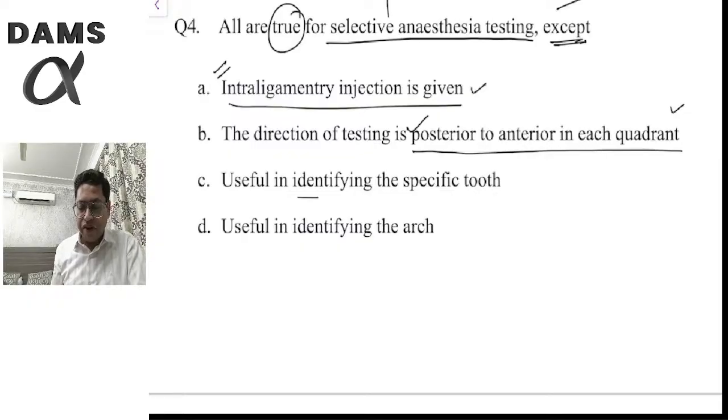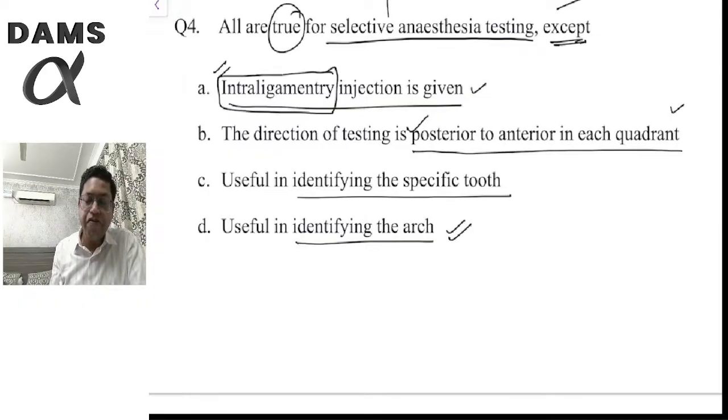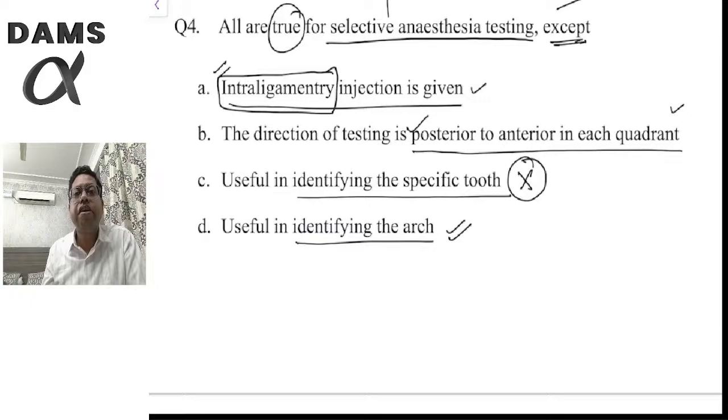It is useful for identifying the specific tooth. Is it true? And it is useful in identifying the arch, whether the mandibular or the maxillary. It is useful basically in identifying the arch of teeth. Although intraligamentary injections are performed, they are not useful in identifying a specific tooth in the arch.